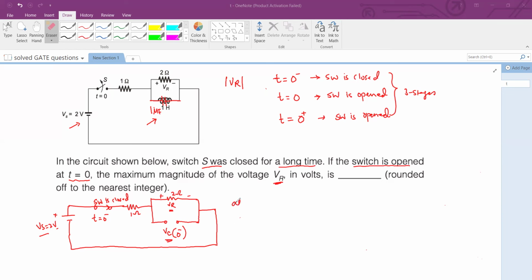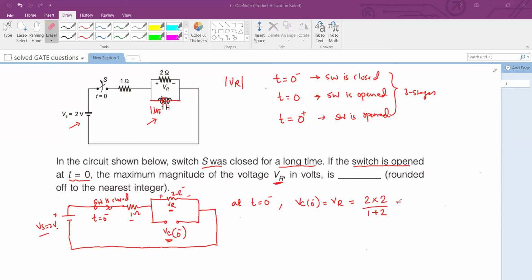So at t equal to 0 minus, where the switch is closed, VC of 0 minus, which is equal to VR, will be calculated as follows. The 1 ohm and 2 ohm resistors are in series, with only the 2 volt source in the circuit. With the voltage division rule, we can calculate the voltage across the 2 ohm resistor: 2 ohm multiplied by 2 volts divided by 1 plus 2 ohm, which is the total resistance.